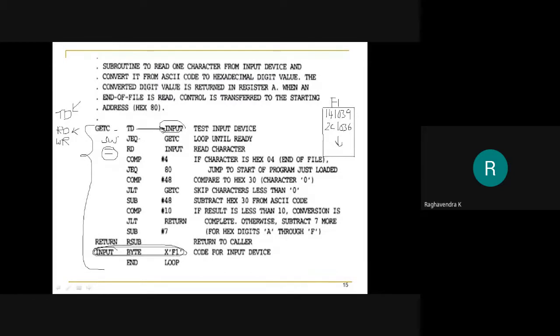We will check for that. If it is equal to, then we are once again going back to the previous statement and checking the readiness of the device again. So this is a loop. If you remember computer organization, then this process is actually called polling.